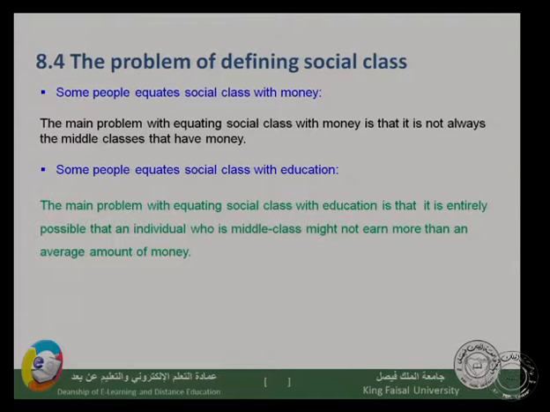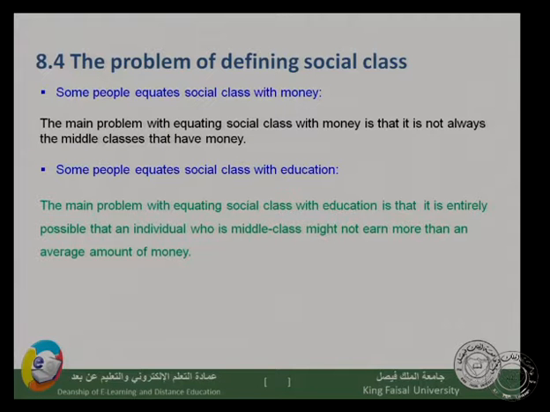Then we move to the problem of defining social class, because as we said, we do not have an exact definition of social class. We study the characteristics of the social class so that we can understand what social class really means. There are some problems where some people equate social class with money, that if you have a large amount of money, this means that you are of an upper social class. Well, this is not always true, because the main problem with equating social class with money is that it is not always the middle classes that have the money.